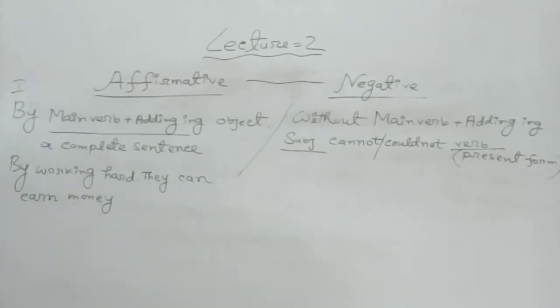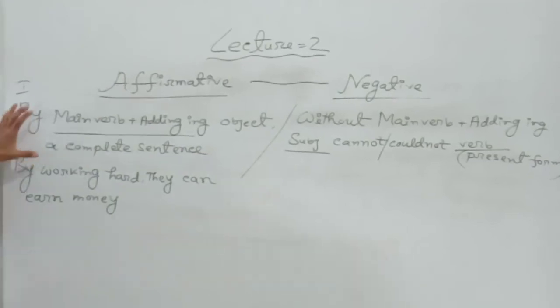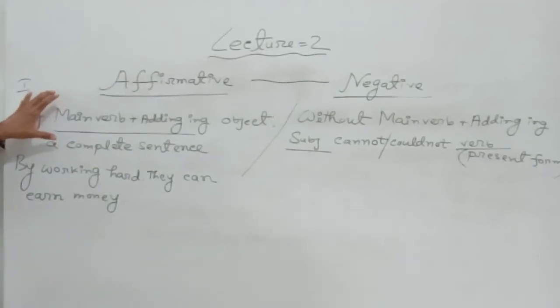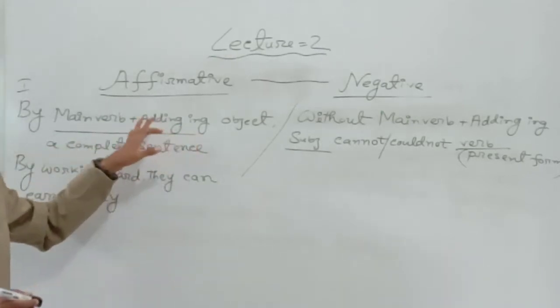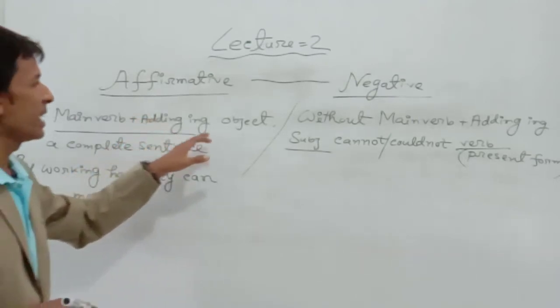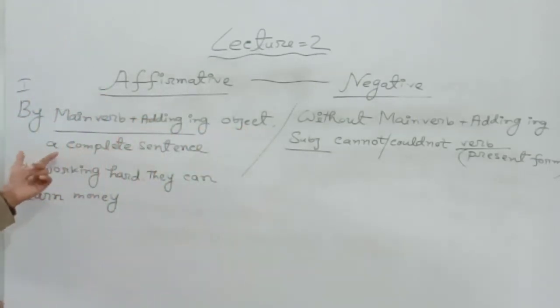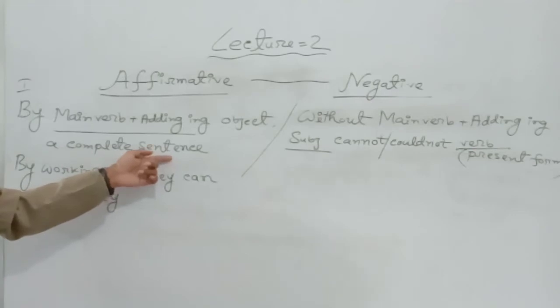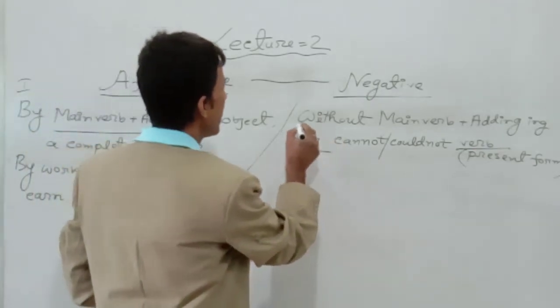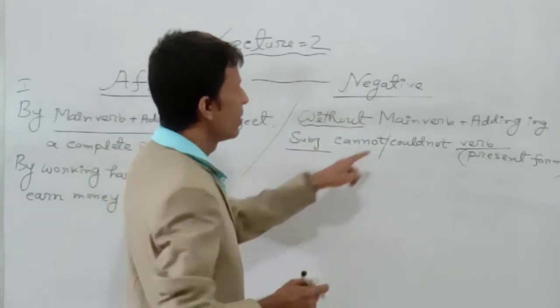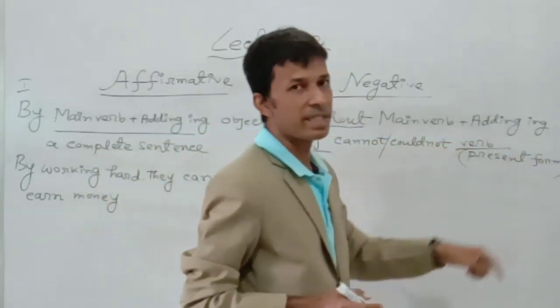I have already mentioned a few moments ago that such kind of affirmative sentence will have to be started by writing by as preposition, then main verb adding ing, that can also be called present participle, then objective case, and after that a complete sentence. Then you will write the negative sentence by adding without, main verb adding ing.